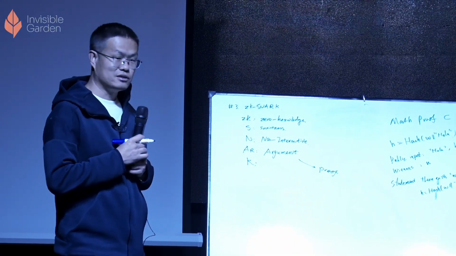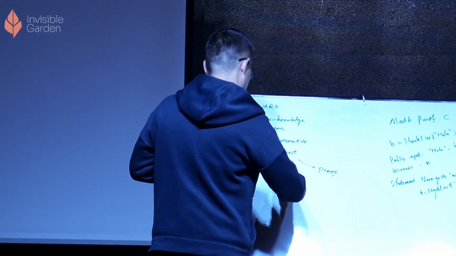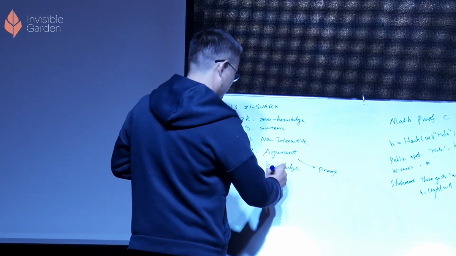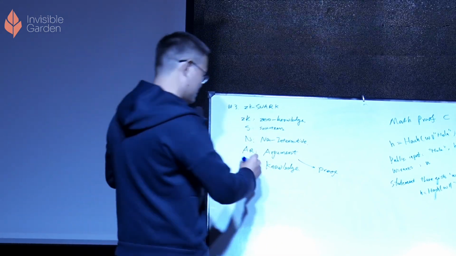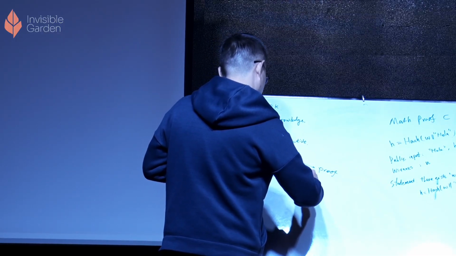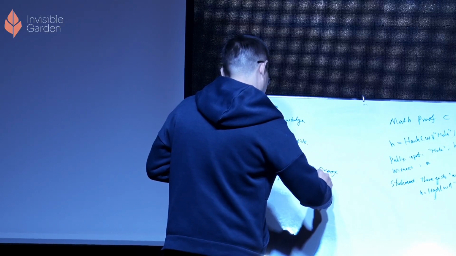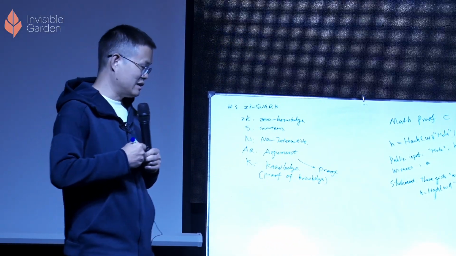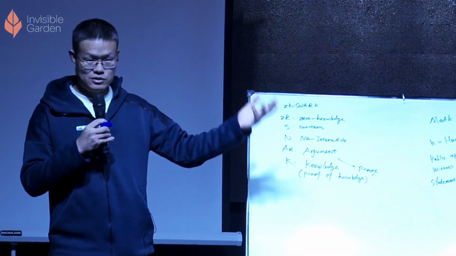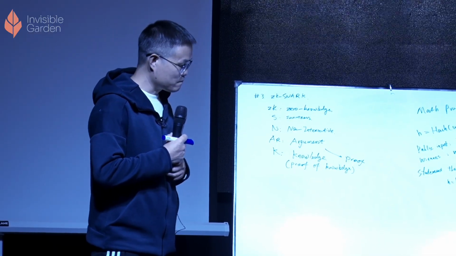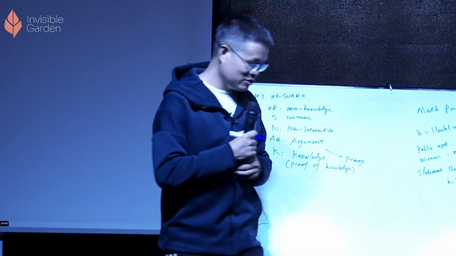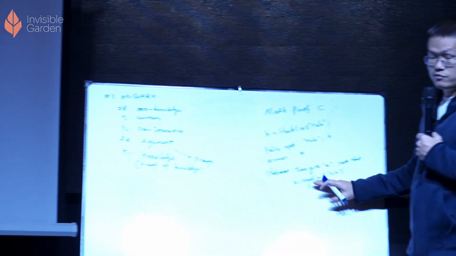What about K? K is knowledge. There's a term called proof of knowledge. So let's go back to the statement that the prover wants to prove. In the example here of the hash function, this proof can be a proof of knowledge.